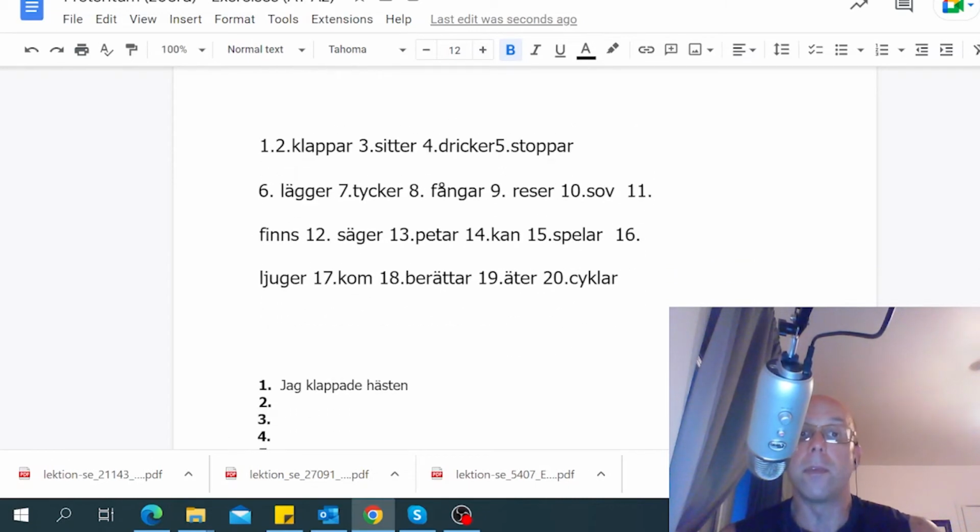The second verb, sitter, means to sit. So what would that be in the past tense? If I said I sat on my chair for 5 minutes, what would that be?